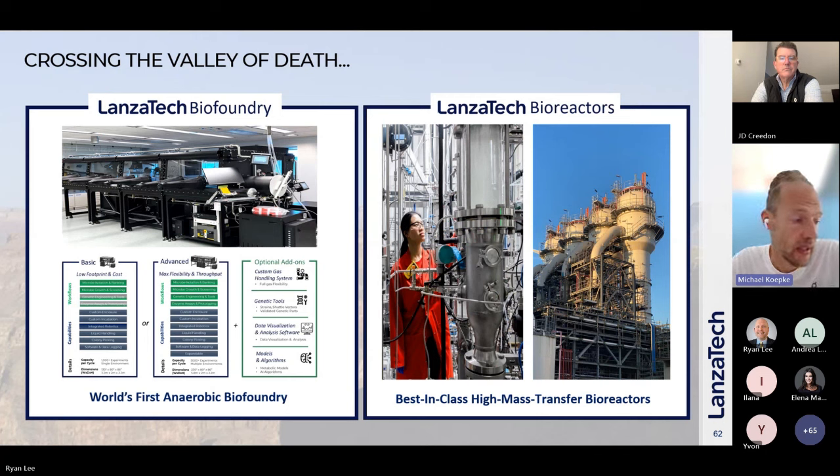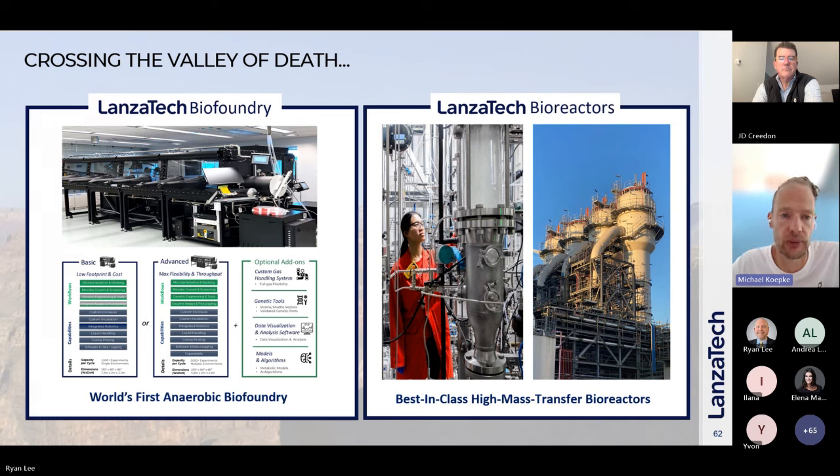Some of the capacity we see there that we can help with is our bioreactor technology, which is best in class for gas mass transfer. And also our ability to work with non-model microbes.